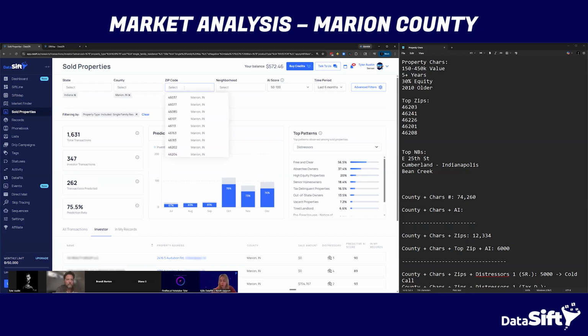Really high prediction rate in the zip code. 46208. Wow. Okay. So this is great. This tells me even as a non-AI user in this area that these are good zip codes to focus in. It's just that by being an AI user, it gives me the ability to do less, to spend less on direct mail, to cold call fewer people on the top end, allowing me to allocate those resources to dig deeper into the people we're not reaching, to get bigger deals overall in my business.